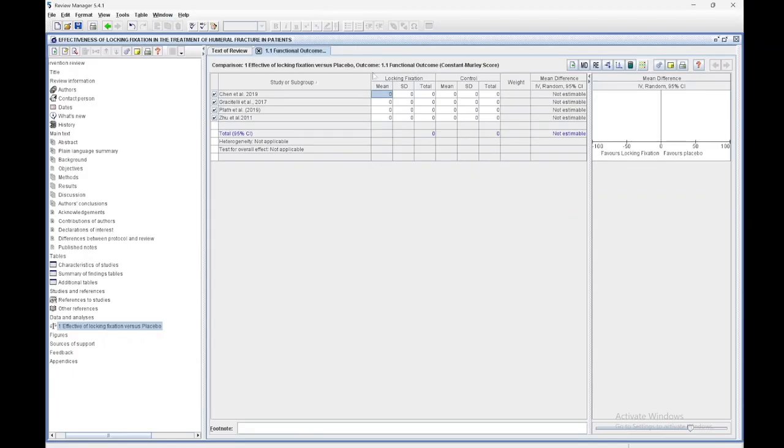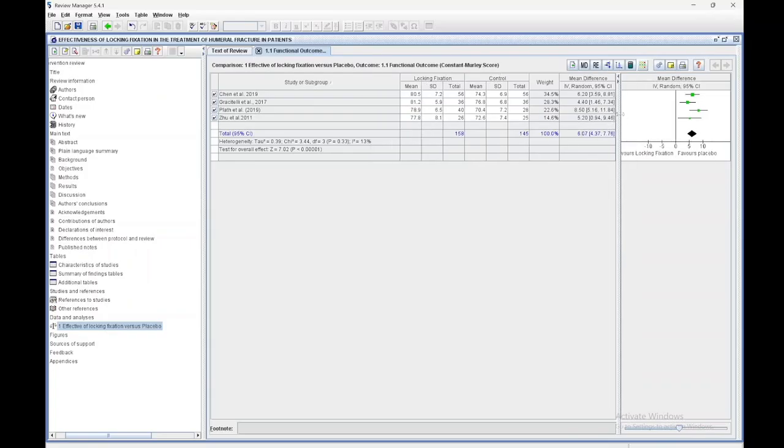And I could just paste that. So I'm going to assume that it has been pasted.